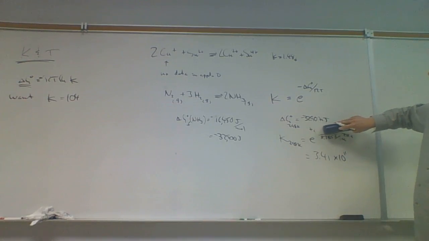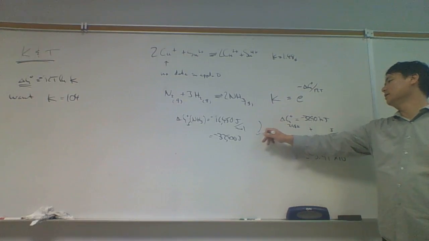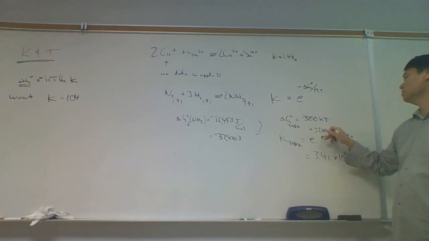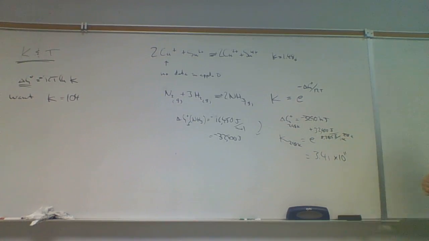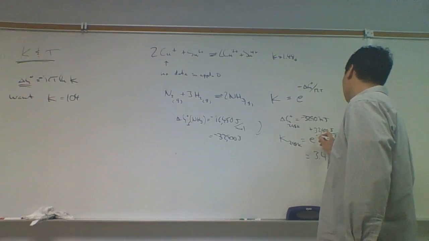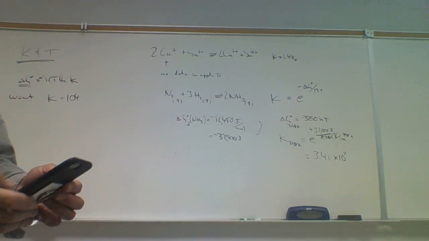It's not 65,800. Since I doubled it here, and that's my delta G, this should be 32,900 joules. What's the number below? This is just R, 8.3145 joules per mole Kelvin.